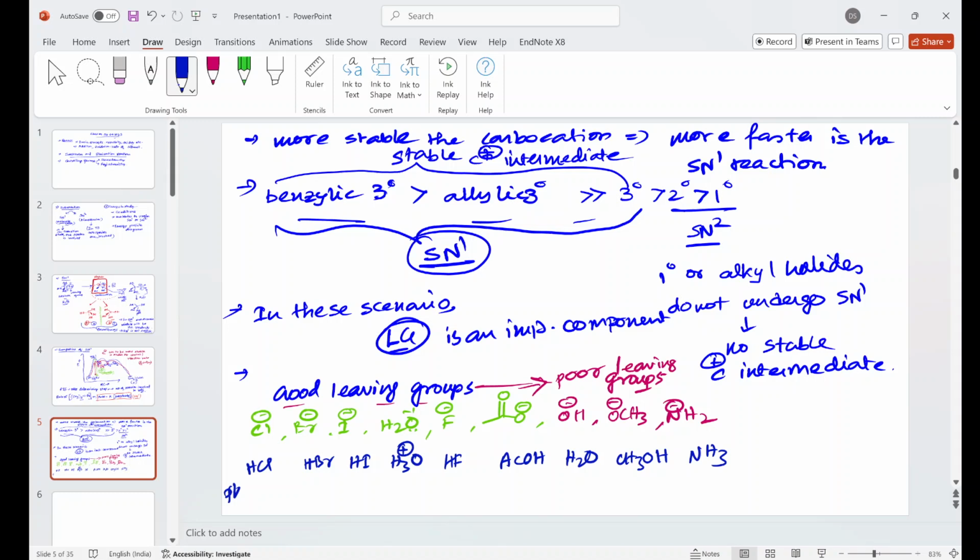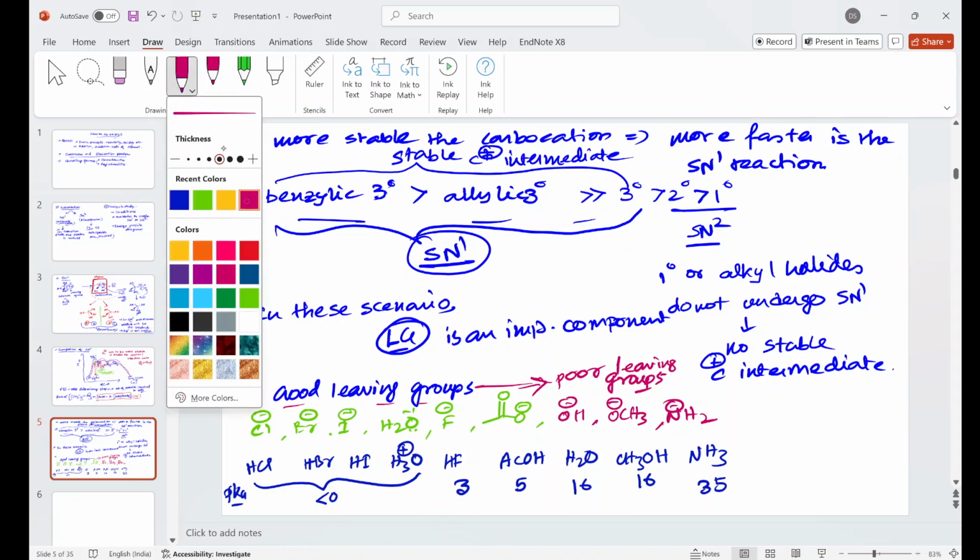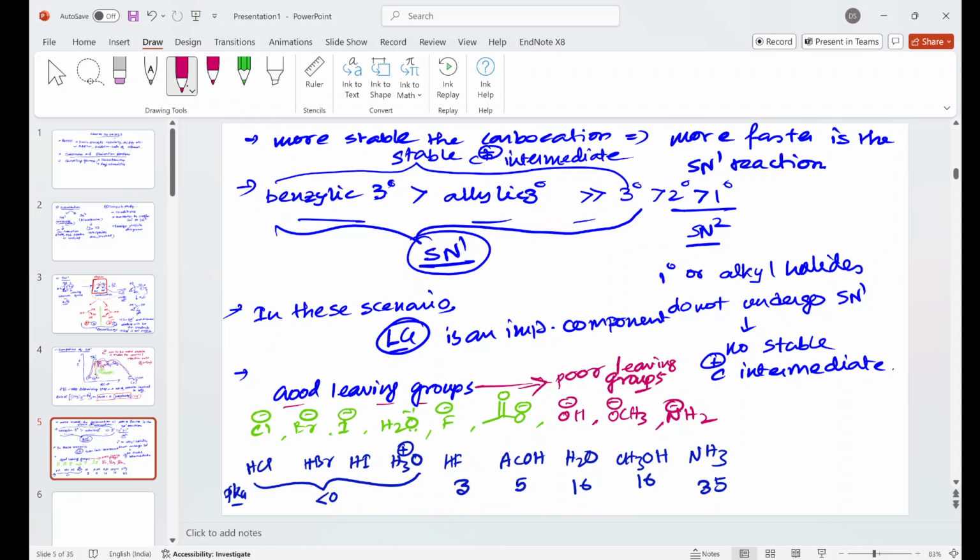So consider the pKa. These are all less than 0. This is 3, this is 5, this is 16, 16, 55. So you have a differentiation based on the pKa value.